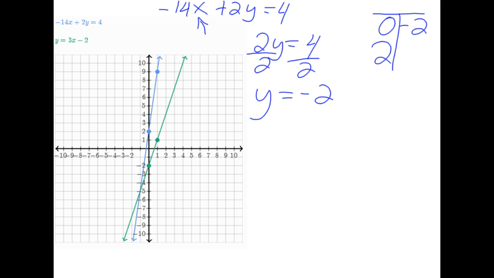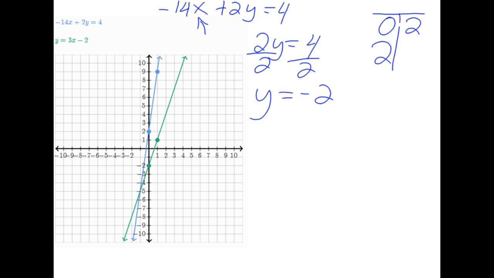So at 0, you will have that's a positive 2. That will be 0, 2. Okay? Then we do the second value.